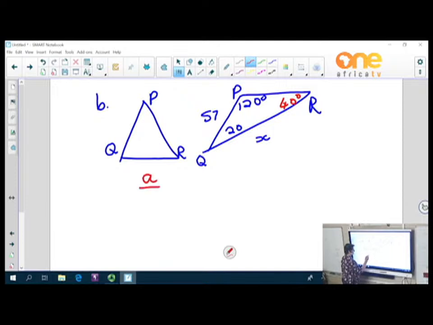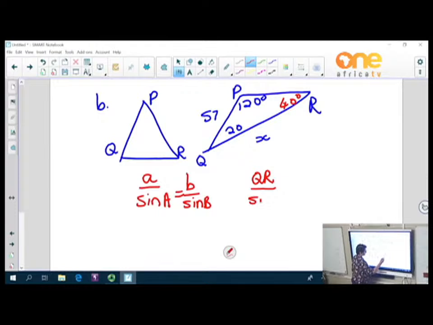So now I can use my sine rule. Remember that sine rule says A over sine A is equal to B over sine B. So we want to calculate X or QR, and we put that one in the left-hand top. So this is now QR over sine 120 degrees is equal to 57 over sine 40 degrees.